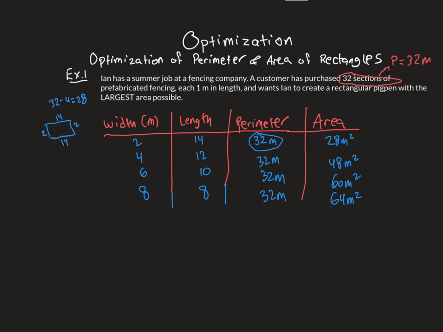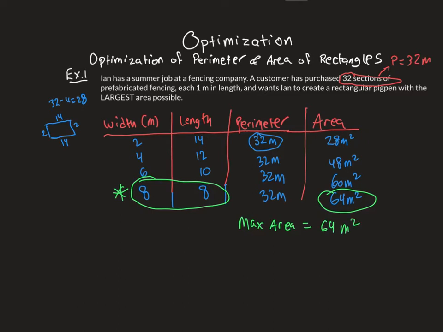Let's do this. So basically what you're seeing here is, I'm noticing that my width of 8 and 8, where they are the same, is giving me my biggest area. That's interesting. So the maximum area here would be 64 meters squared.